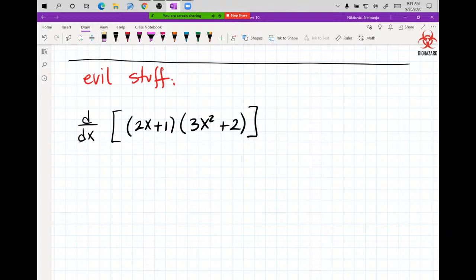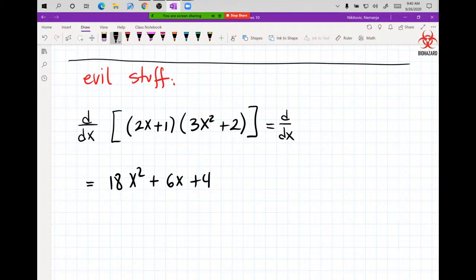Is it 18x squared plus 6x plus 4? Oh, we'll have to FOIL first, right? Did you already finish that? Yeah. Oh, you're giving me the answer. Okay, so what was the answer at the end? 18x squared plus 6x plus 4. Yep.